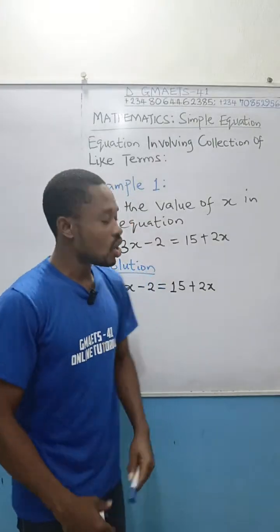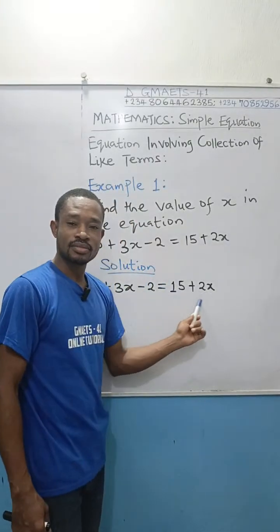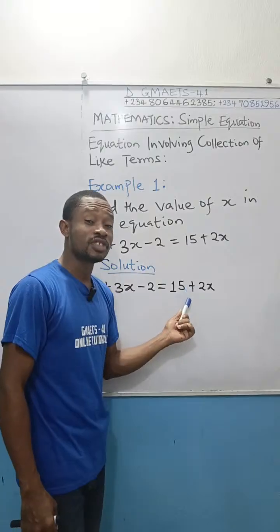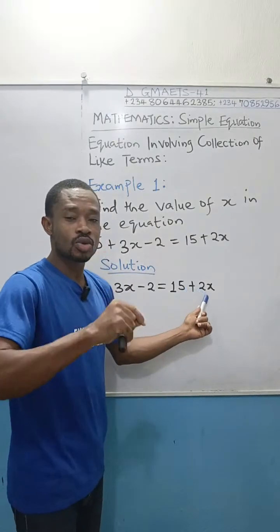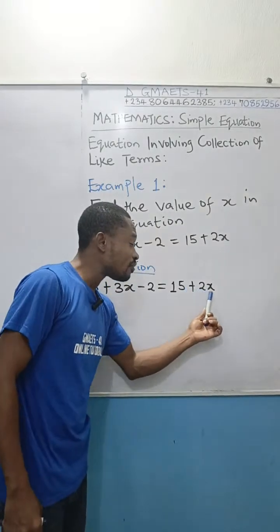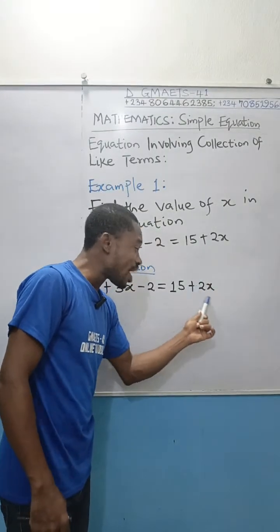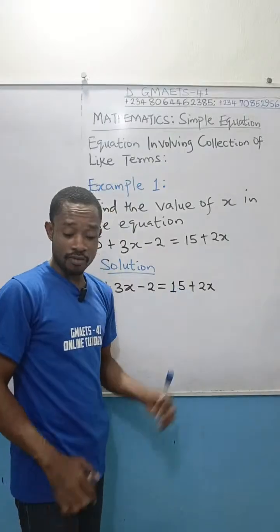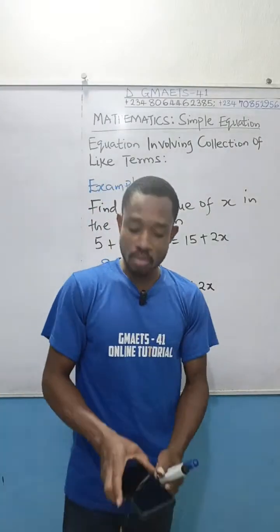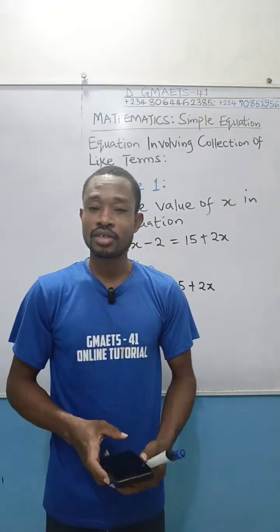Okay, look at this right-hand side. We have 15 and plus 2x. What you are looking for is also here, the x part. Between this 2x and this 15, you have plus. Because you have plus, you must collect like terms.